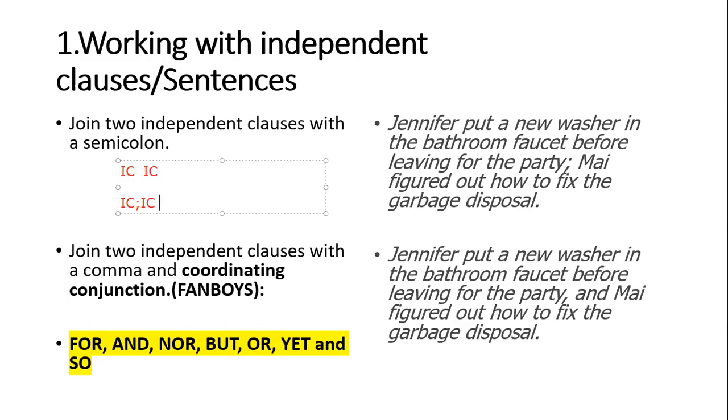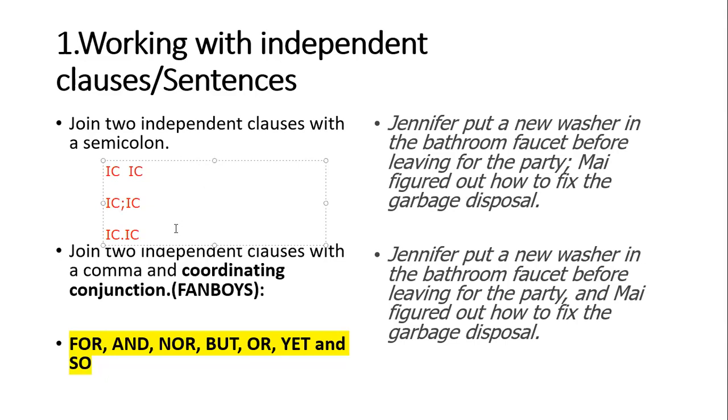The only job of a semicolon is to join two independent clauses. If I don't find a semicolon, I will first of all look for a full period. Two independent clauses, or two meaningful sentences, can be joined together in two ways. One, using a semicolon.